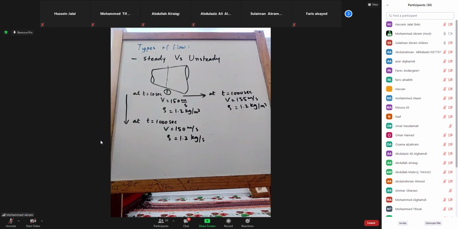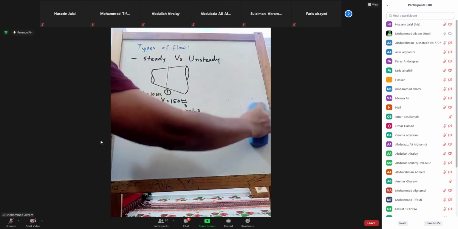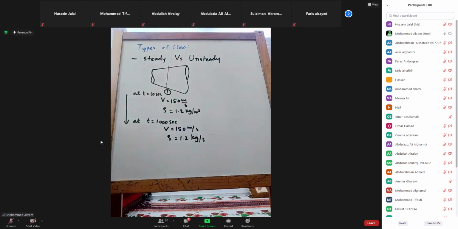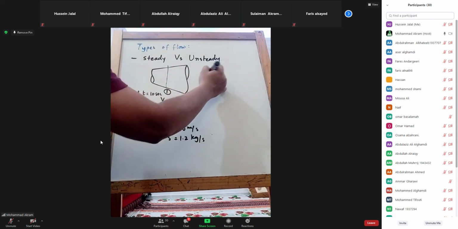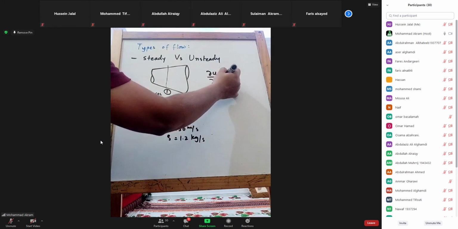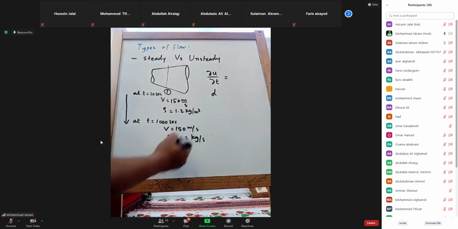Yes, doctor. So what I have shown here is called steady flow, because with time the properties are not changing. Usually it is written like this: dou u by dou t. What does dou mean? Usually we use d for change, right? Du by dt.